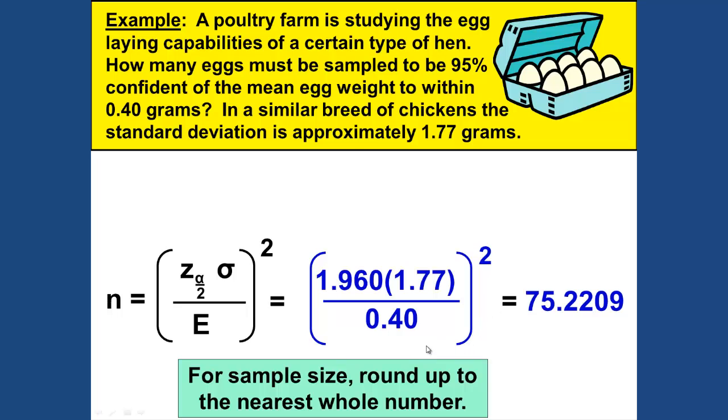So when you get your sample size, you will round up to the next whole number, the next whole number up in size. And so that will go up to 76. That is the smallest whole number that is enough. So 75 would be going down to the nearest whole number, but we want to round up to the next number. So our answer would be 76.